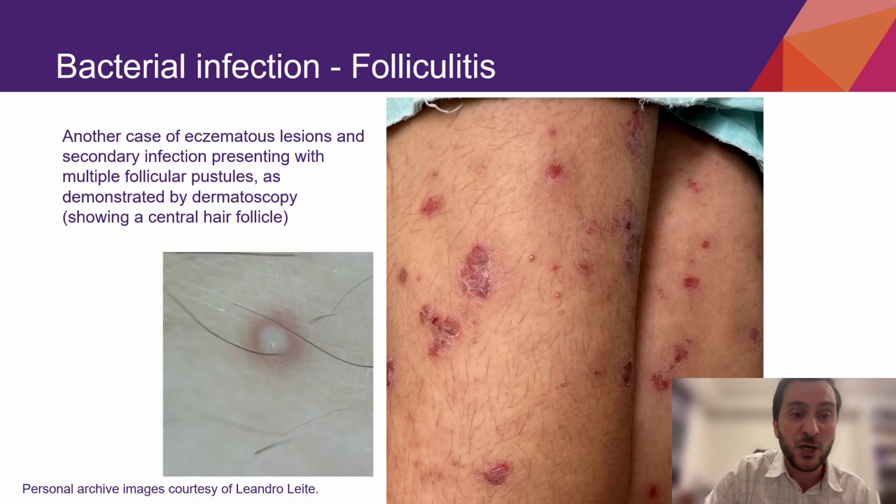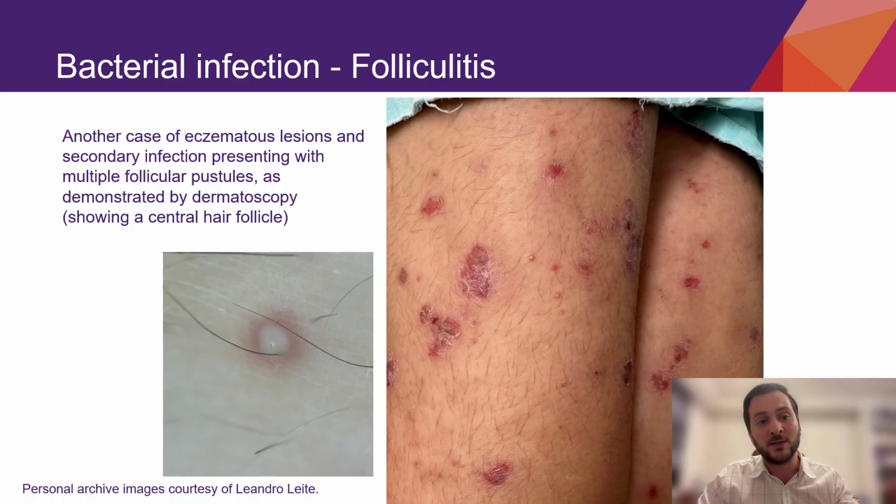As we can see here on the dermoscopy, the central hair follicle shows that you have a follicular pustule. In GPP, the pustules are non-follicular.